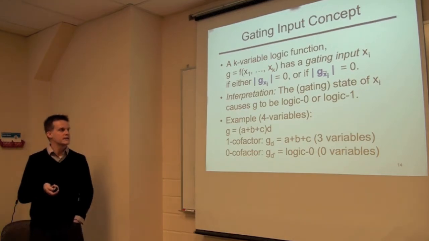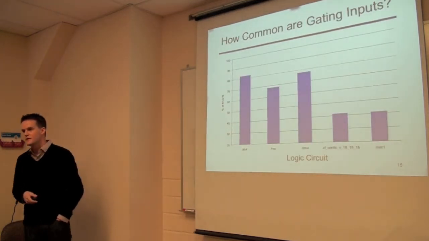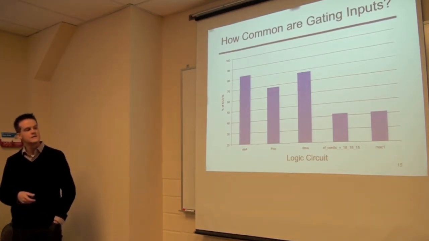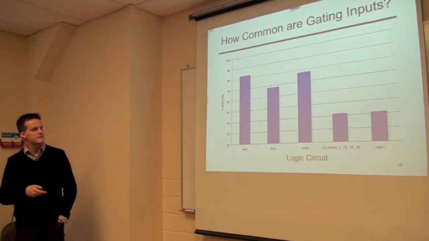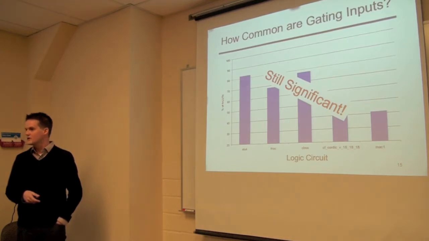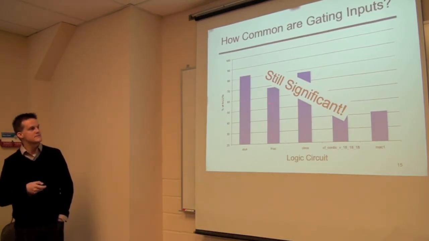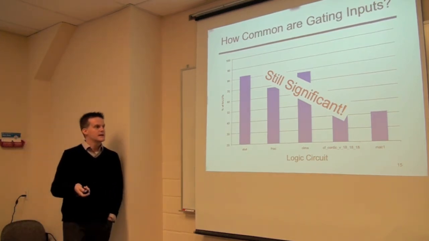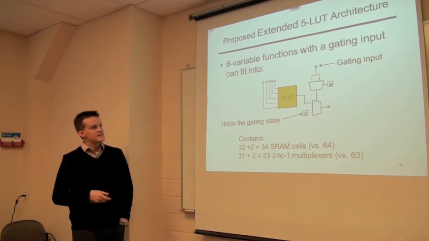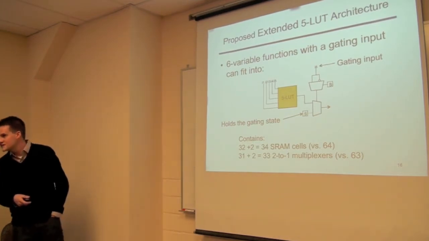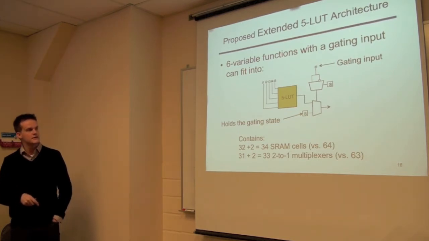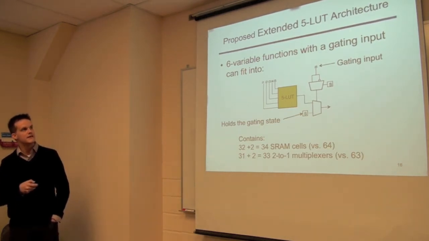How common are gating inputs? Gating inputs are not as common as trimming inputs because they're a special case of trimming inputs. But they are still significant. The MC-NC circuits have more gating inputs, other circuits have fewer, but there still are lots of gating inputs. If my 6-input logic function has a gating input, it can fit into something even smaller, this structure right here, which we call the extended 5 LUT.